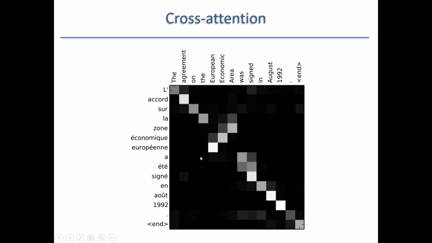So it means that this zone has to pay attention to area, that cannot pay attention to European, and here European has to pay attention to European and not to the sixth word.